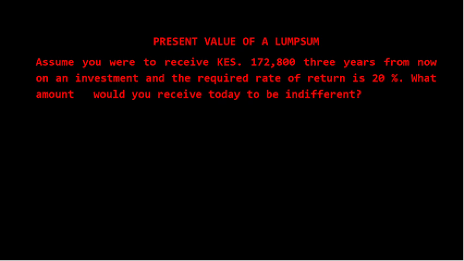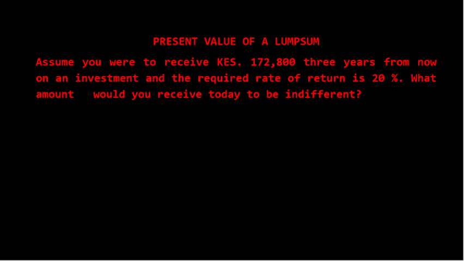Look at this example. Assume you were to receive 172,800 3 years from now on an investment, and the required rate of return is 20%. What amount could you receive today to be indifferent?